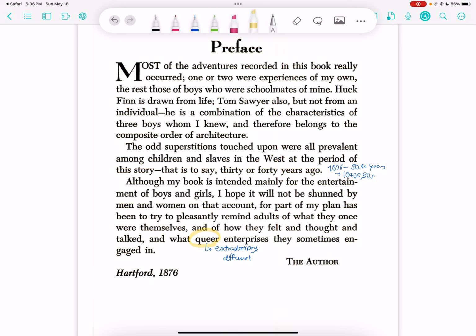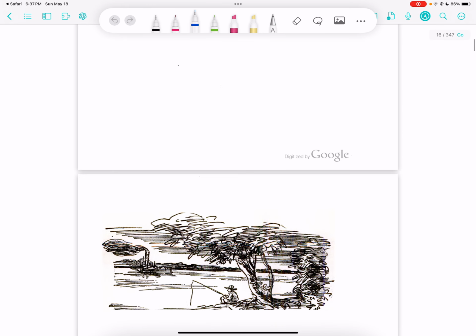So there's going to be Tom Sawyer, and we also have Huck Finn. These are characters drawn from his life, so this is going to be a story of Mark Twain as a child, what he went through as a child as well.